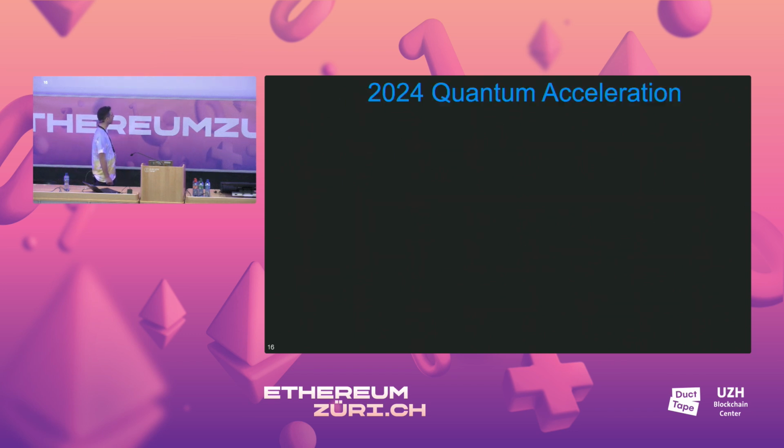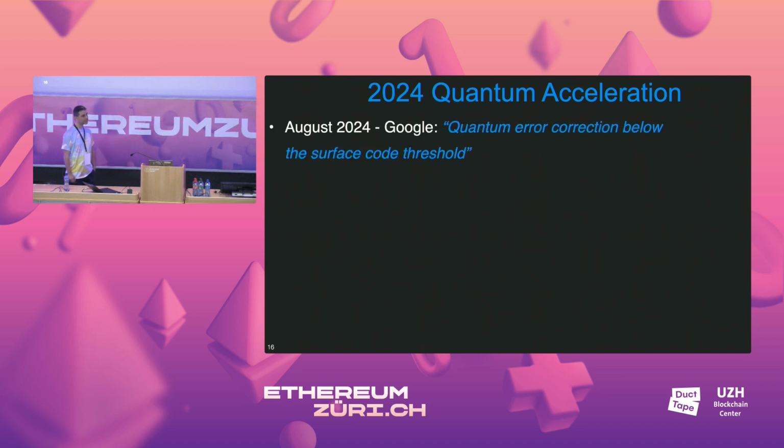Until 2024. 2024 was actually a turning point for the topic of quantum computers. The first thing that caught the attention, not of the media, but of people that follow papers, was this paper on arXiv from Google people, and they show some kind of breakthrough.